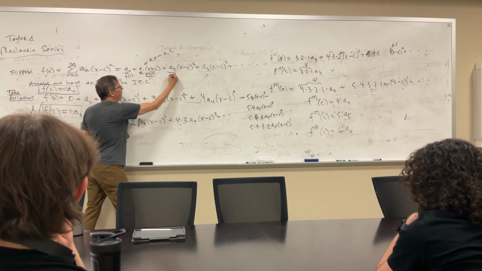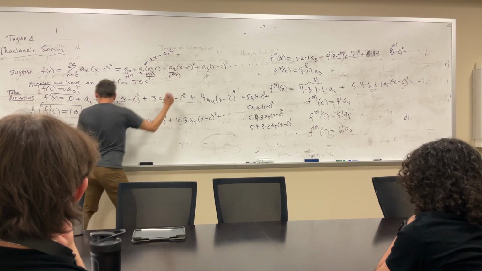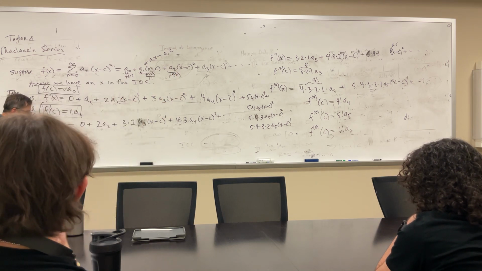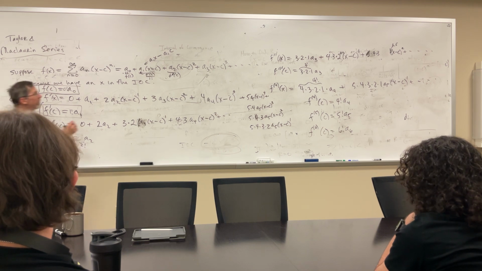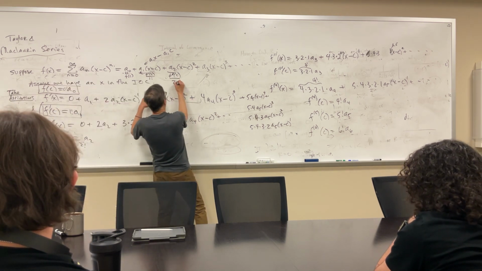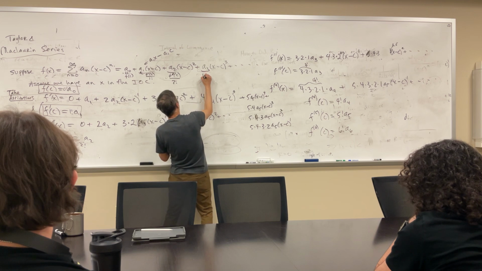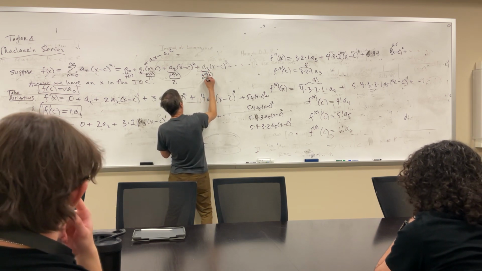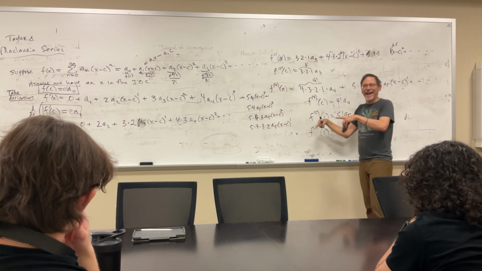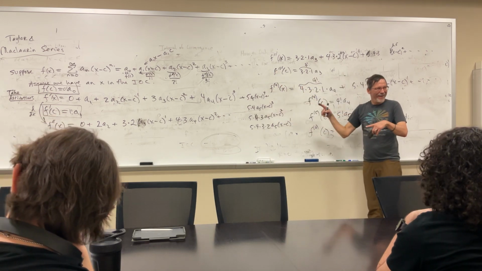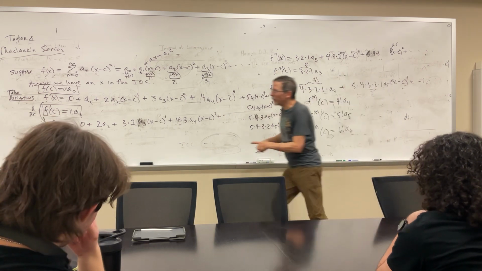This was f double prime at the center. Do you see where I'm getting that from? I'm solving for A2 here. Yeah. And that's over 2 factorial. What's this? f triple prime over 3 factorial, then quad prime, and so on. Do we see?